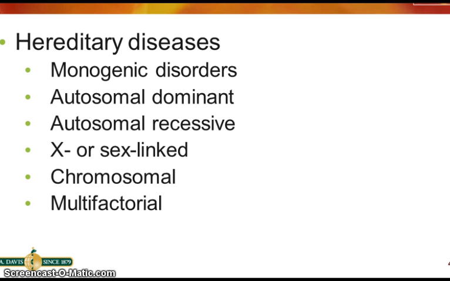Autosomal recessive, X or sex-linked. Chromosomal, referring to, of course, the chromosomes, and more confined than multifactorial. Since this is a class that requires the prerequisites of HO 150 and 152, I am assuming that you are familiar with some of these terms, and they are redefined and discussed in your textbook.